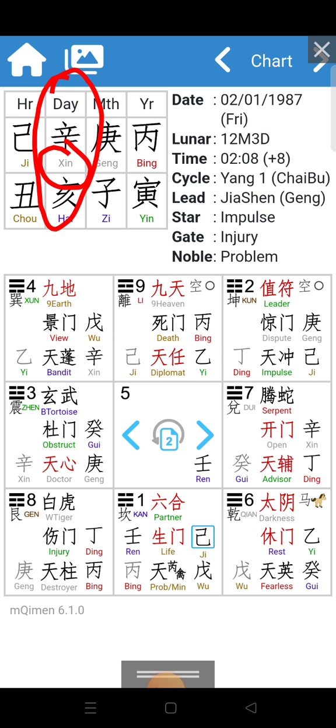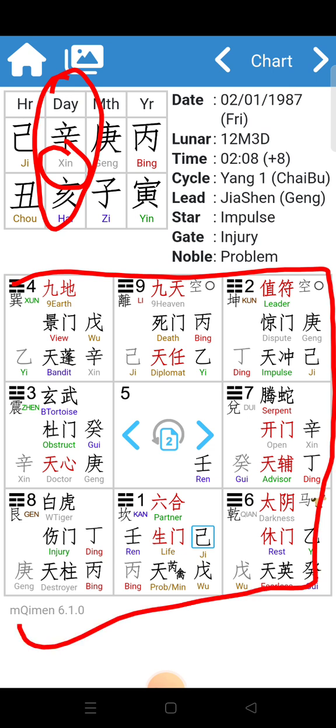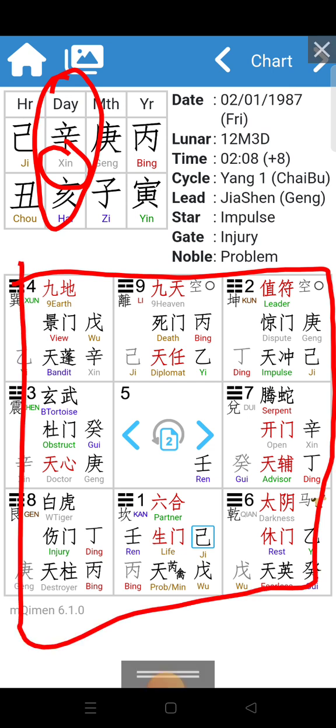In this day stamp, we will see where is the location of the day stamp. Look at all the boxes below over here, which is the 9 boxes. This is what we call the palaces. So we have a total of 9 palaces, and we're going to see where this symbol Xin is located.